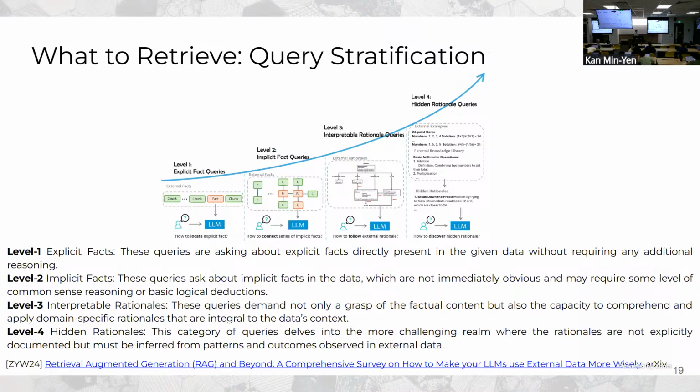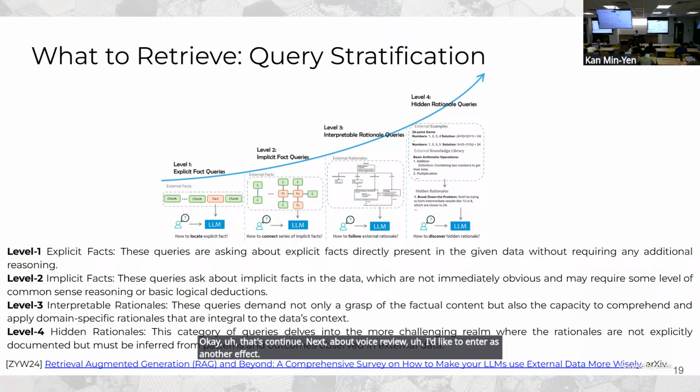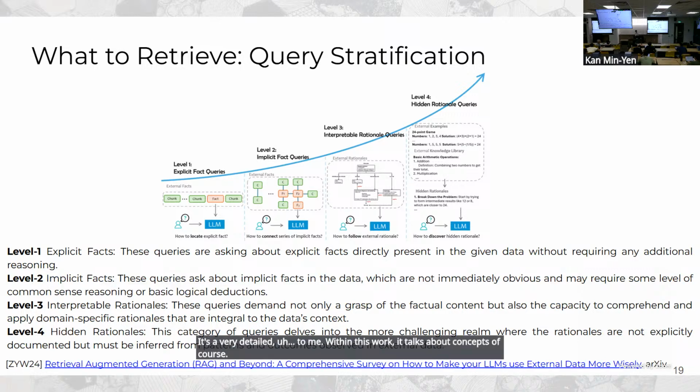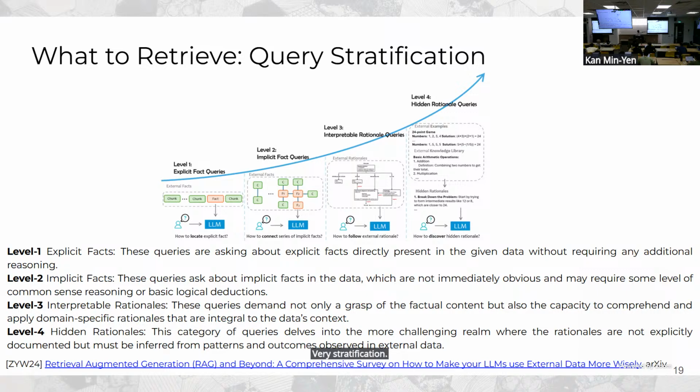Next, about what to retrieve, I'd like to emphasize another work. In fact, it's a very detailed read. Within this work, it talks about a concept called query stratification. As we can see from the figure, they classified the input query into 4 levels: explicit facts, implicit facts, interpretable rationale, and hidden rationale.